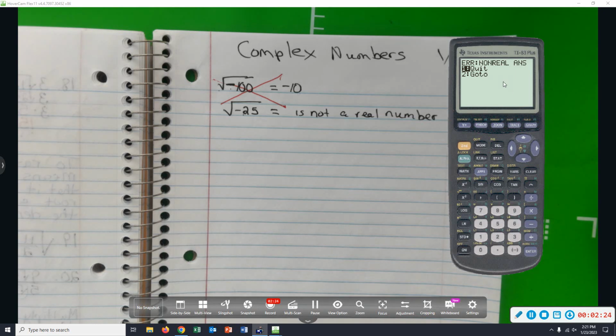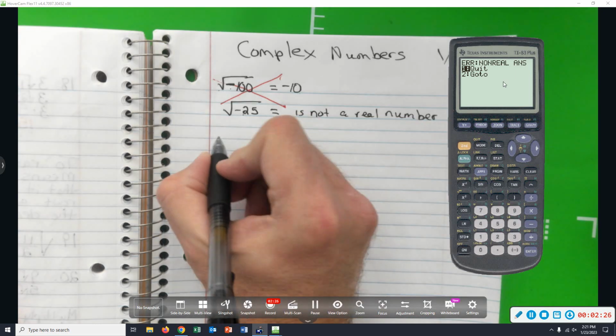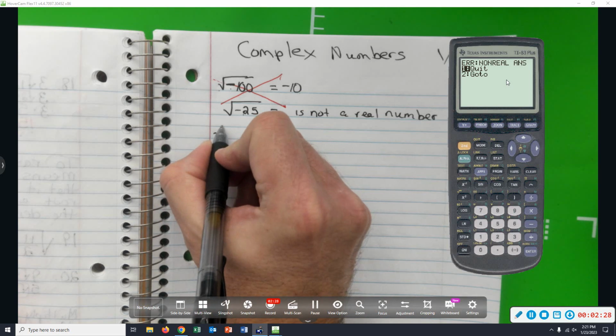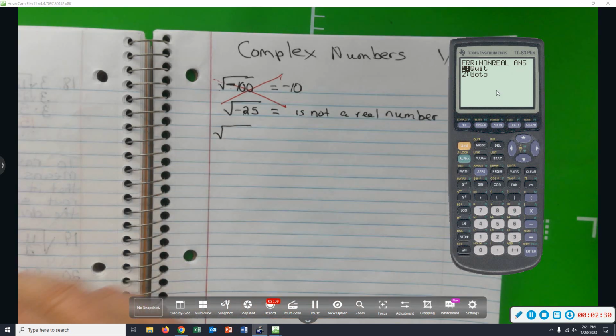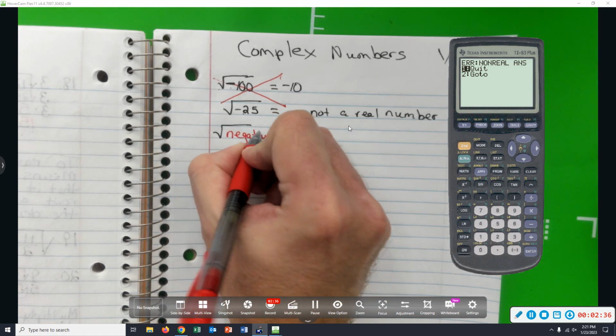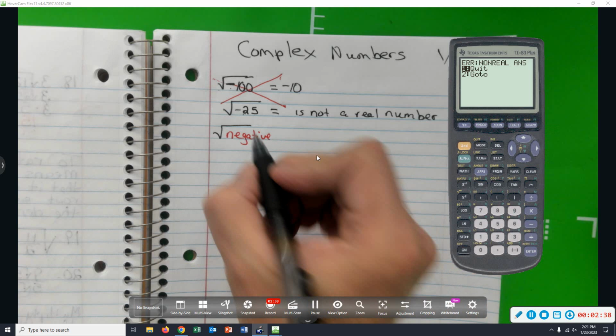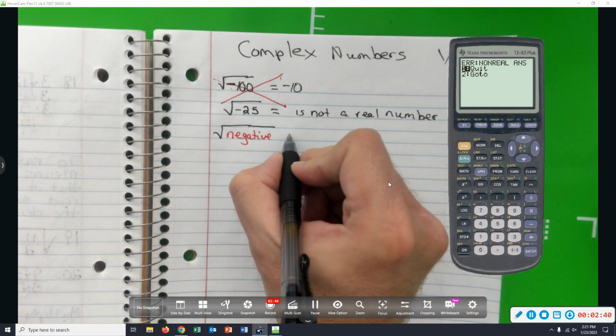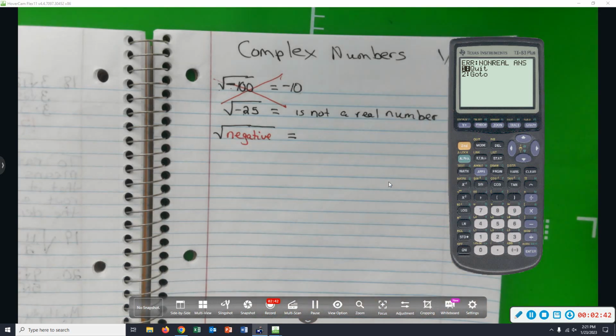For our purposes, a real number is any number that can be labeled on a number line. You've drawn number lines before and labeled numbers on it. The square root of negative 25 cannot be labeled on a number line, so it is not a real number. In fact, we're going to define, here's the new stuff, new to this class because I haven't mentioned it before, not new to the world of math.